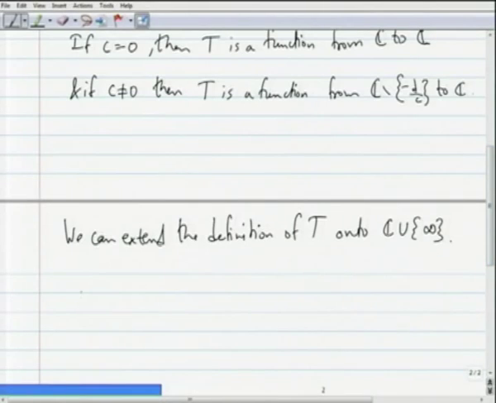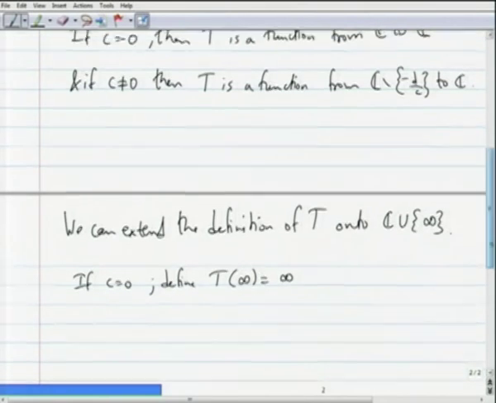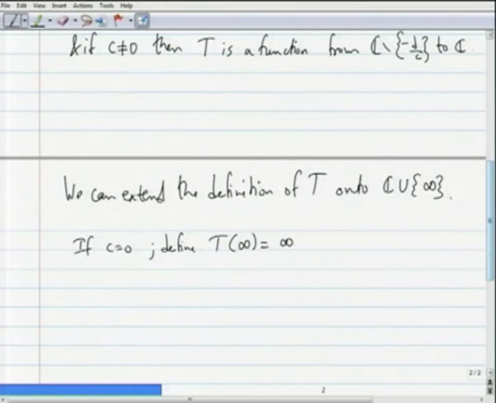If c is equal to 0, define T of infinity to be infinity, because now our domain contains infinity, so I have to specify where infinity goes. And if c is non-zero, then I have to modify two definitions.